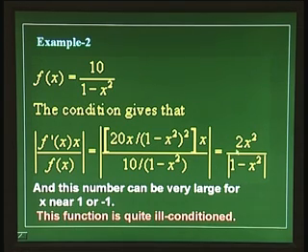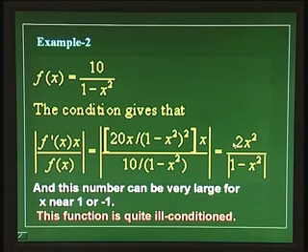Now, this particular function, it looks like the condition itself is a function of x. So it depends on what the x value is. For example, for x close to 0, this seems to be pretty good, because the denominator will be close to 1 and the numerator will be close to 0. So the condition number will be very small.